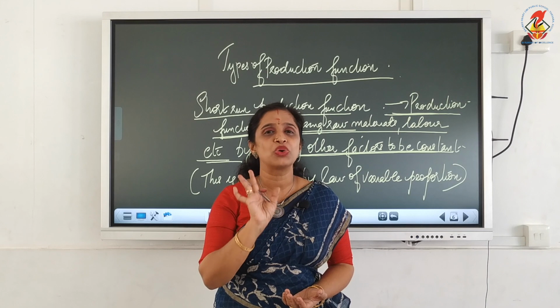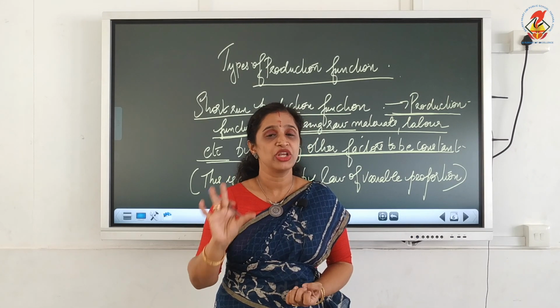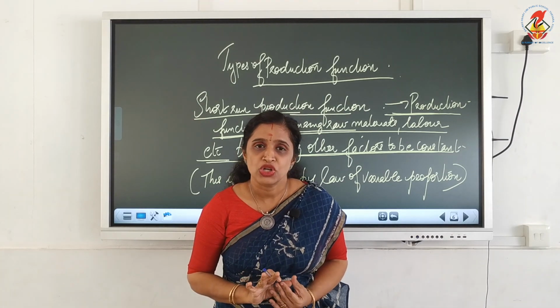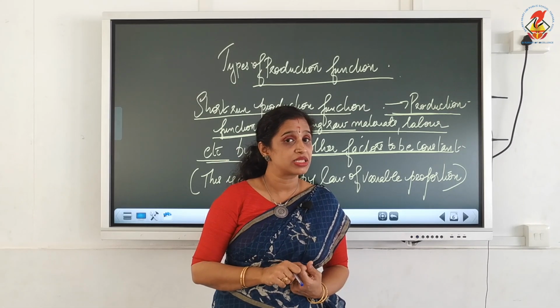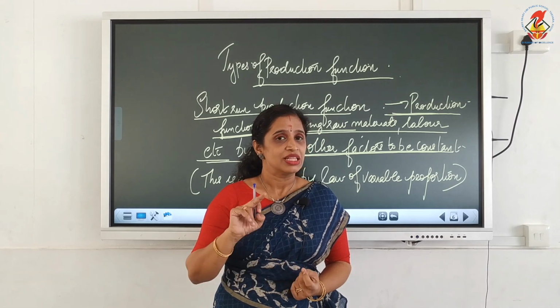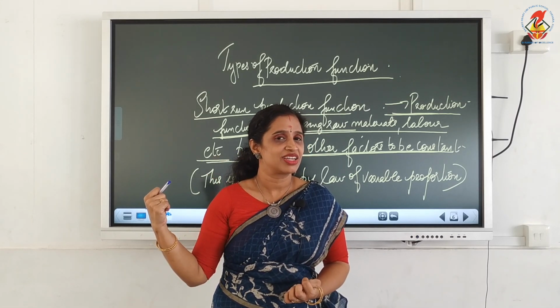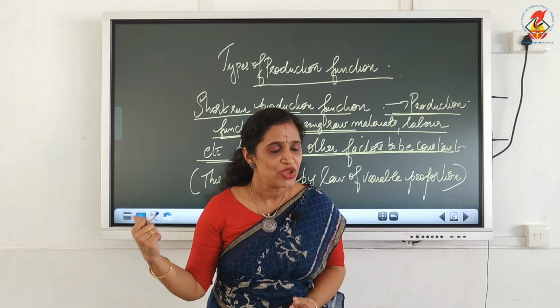We need to change only the raw materials and the labor. So the production function which takes place in the short run is known as short run production function. What type of production function is taking place there? The change only in the variable factors by keeping other factors to be constant. Which are the other factors? Fixed factors to be constant.